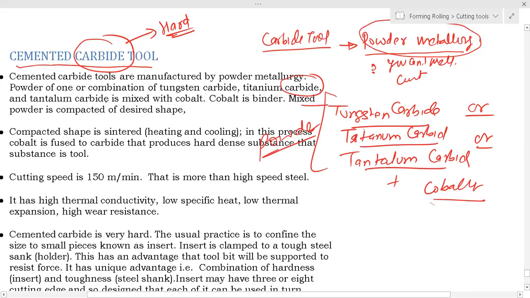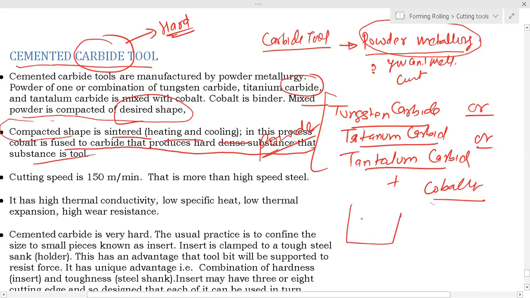We mix the powders and compact them into the desired shape, then the compacted shape is sintered, meaning heating and cooling. In the process, cobalt is fused to the carbide, producing a hard, dense metal. The powder is pressed by large hydraulic presses. Large pressure is applied, it takes shape, and then finally we heat it.